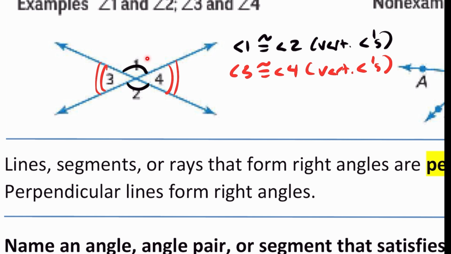But comparing 1 and 3, those two angles don't have the same shape nor the same size. So I can't put the same number of arcs to show that those are congruent. I have to differentiate them. Again, angle 3 and angle 4 are congruent to each other, so I have to use 2 arcs instead of 1.